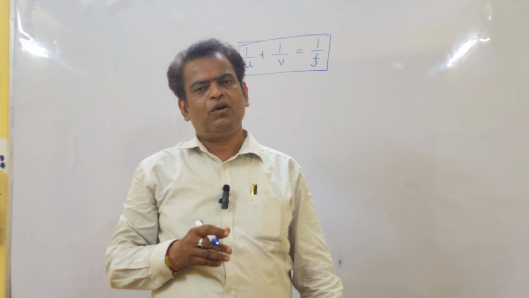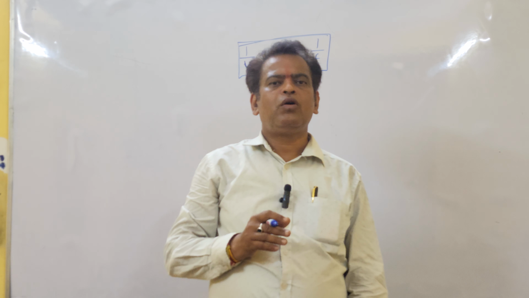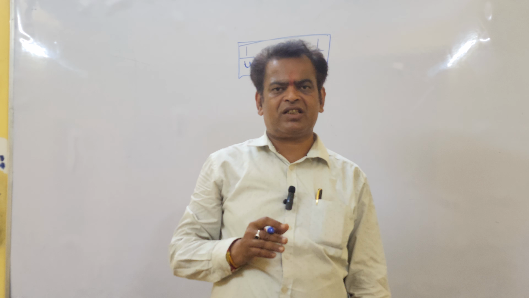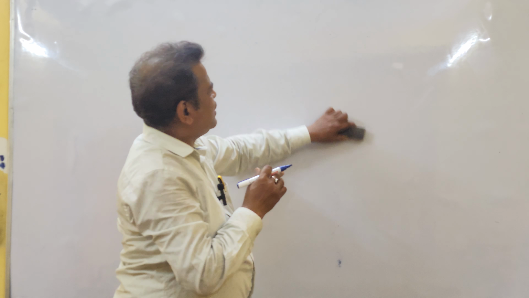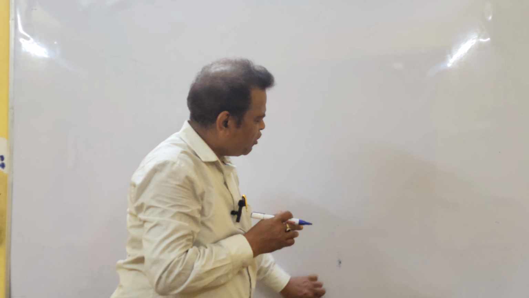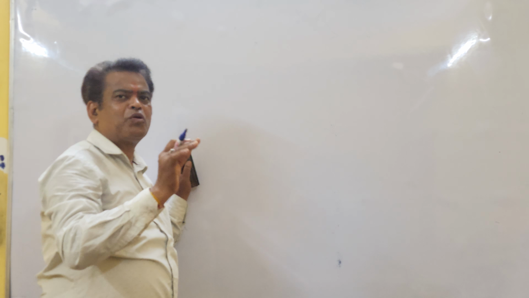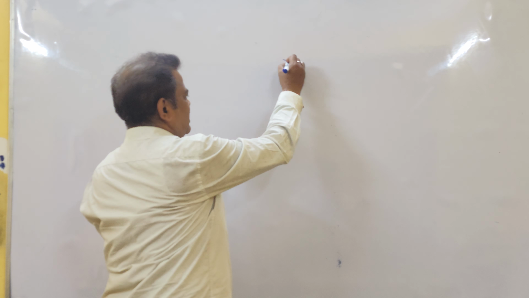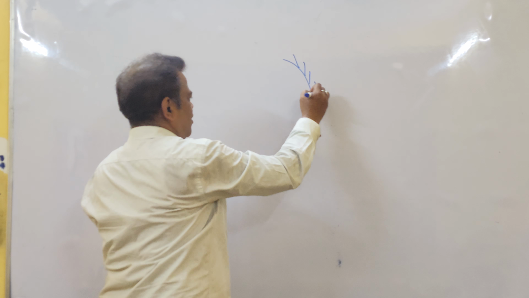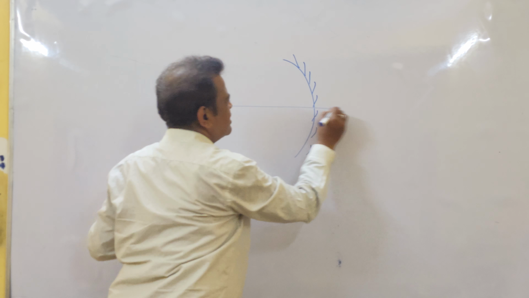fundamental points which we should know, which are your sign conventions. Before taking the discussion about the mirror formula and its derivation, we should know the sign conventions. Sign conventions means here, suppose this is your concave mirror and this is the principal axis.